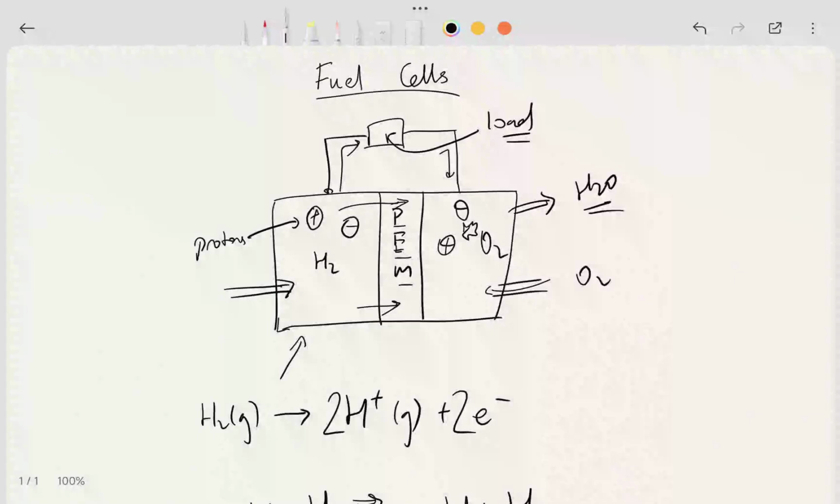So basically, it converts hydrogen gas and oxygen gas into water, and during the process, it produces electrical energy. And in terms of chemistry here, when the electron leaves the anode, leaves this electrode here, we call this the anode. And when the electron combines with the proton and the oxygen atom in this electrode, we call this the cathode, where reduction occurs.